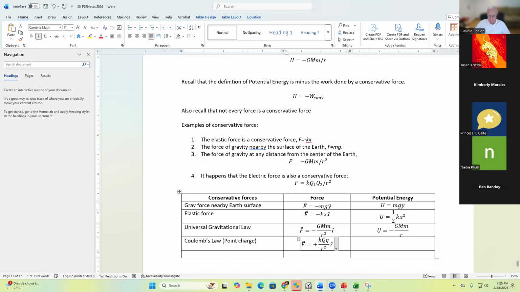No, we do not have a negative. I'm going to emphasize that by writing the positive sign in there. And when we calculate the potential energy of those two charges, big Q and smaller q, we get something, k big Q small q over r. I'm not going to derive that because it's difficult to derive, okay? Just remember, just memorize that. Point charge.